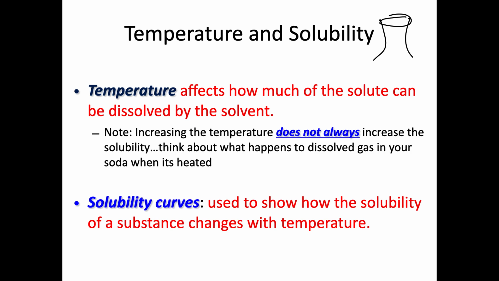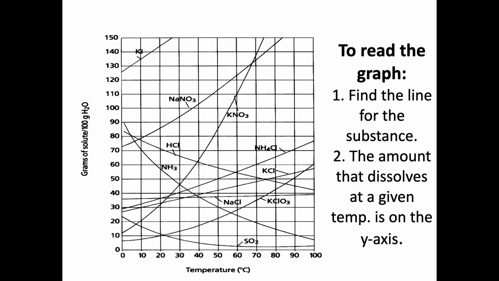But the solubility curve is demonstrated, I know this looks like a mess, don't worry, okay? Because everything on here is curved to some effect. There's a few that don't really curve much. Where's potassium chloride? That doesn't curve much, and sodium chloride doesn't curve very much.